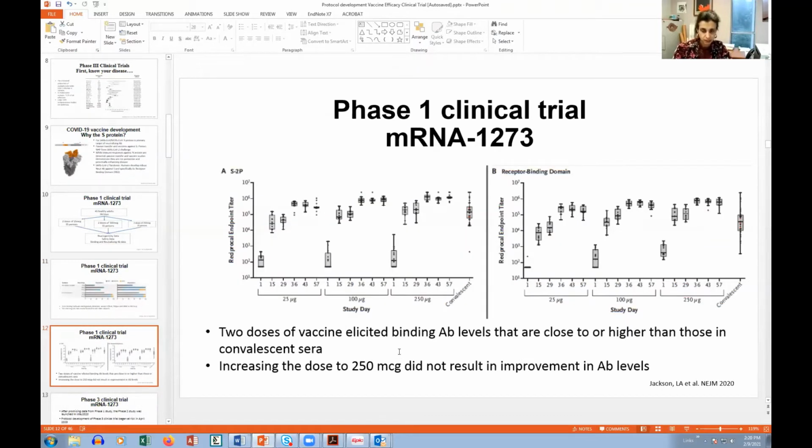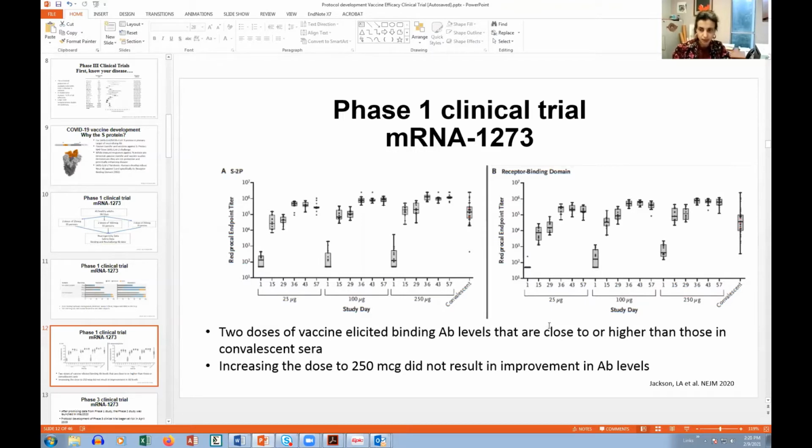Here's the immunogenicity data. So the 250 we know cannot be moved forward because of safety concerns. So that left us with the 25 and 100. Looking at the immunogenicity data, here we have the receptor binding domain antibodies, and here are the antibodies against the full length protein. The far right of each panel are convalescent sera antibody titers against these particular antigens.